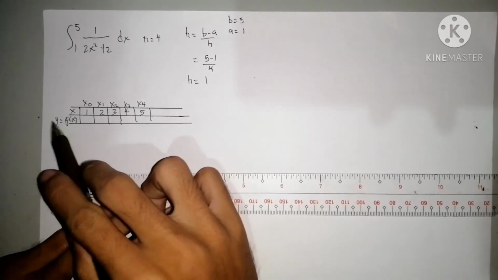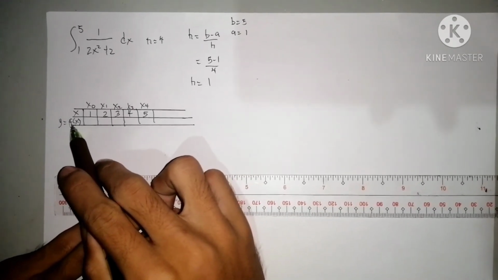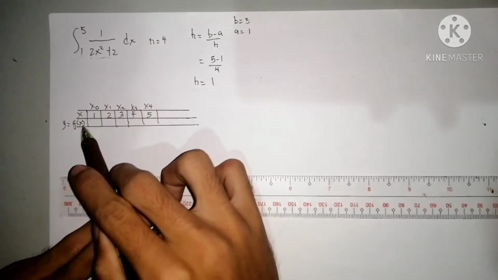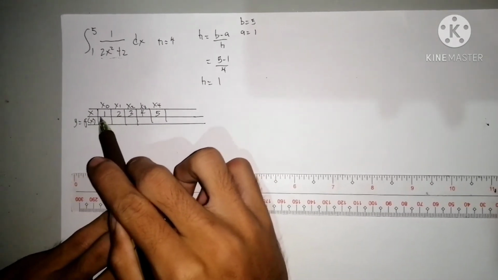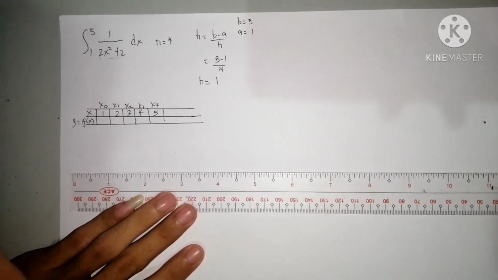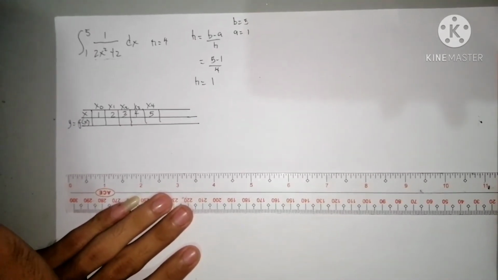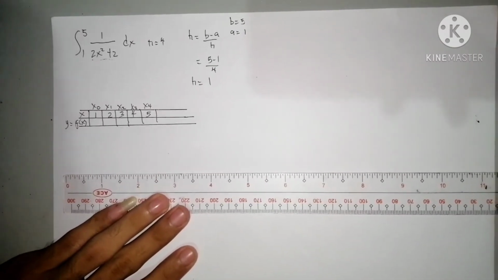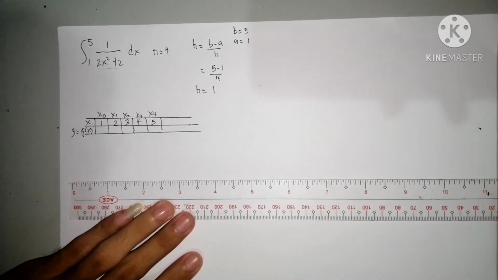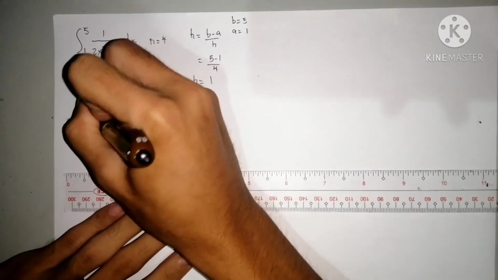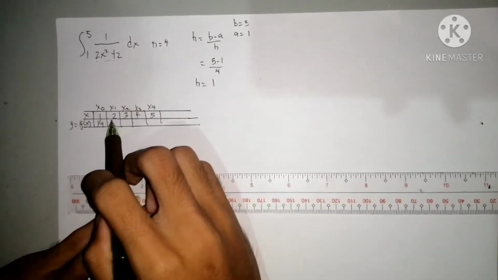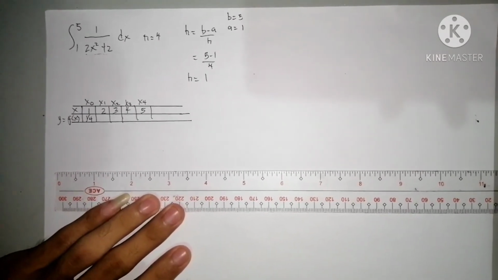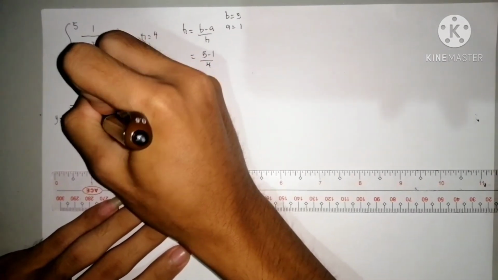Then to get the value of y, we have the function of x here. We need to substitute the values of x. Then we have 1 over 2 times 1 squared plus 2, which equals 1 over 4. Then 2 substituted, we have 1 over 10.